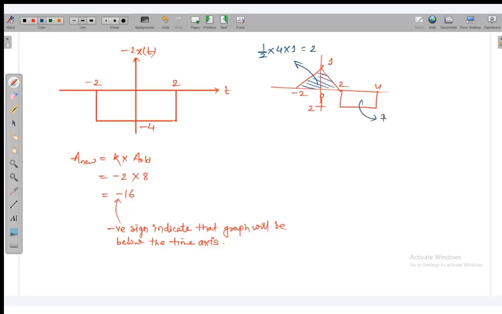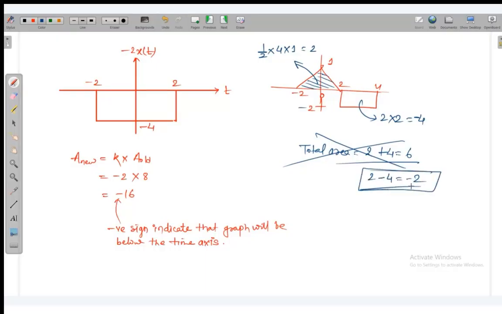You will say, sir, area is width into height, width is 2, height is also 2, area here is 4. Now what is the total area? You will say, sir, total area will be 2 plus 4 becomes 6. But this is wrong. Okay, because the area below the time axis you should have taken negative. That means -4. So it will be 2 minus 4 equal to -2.